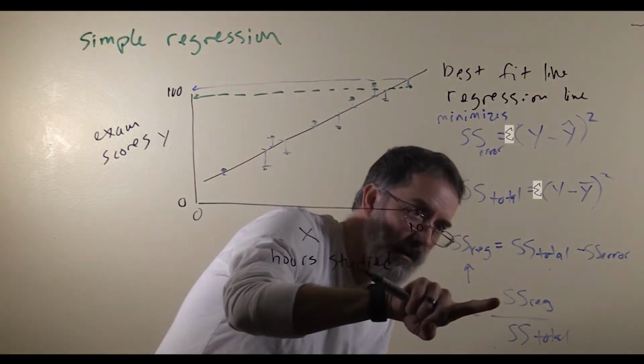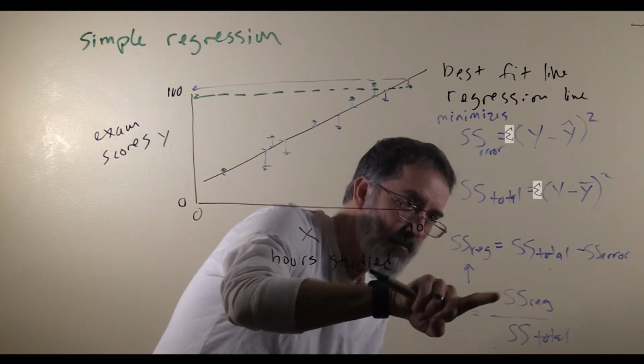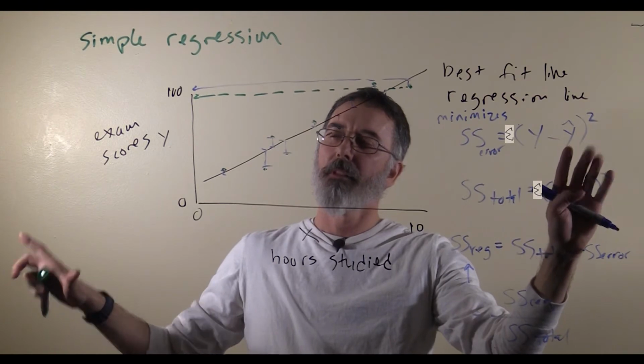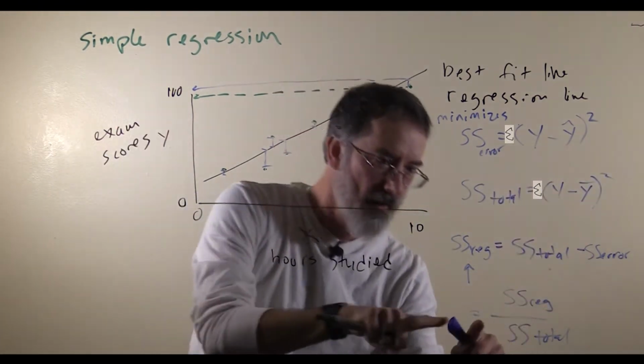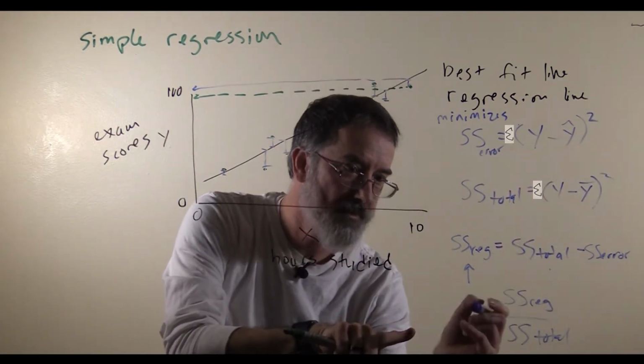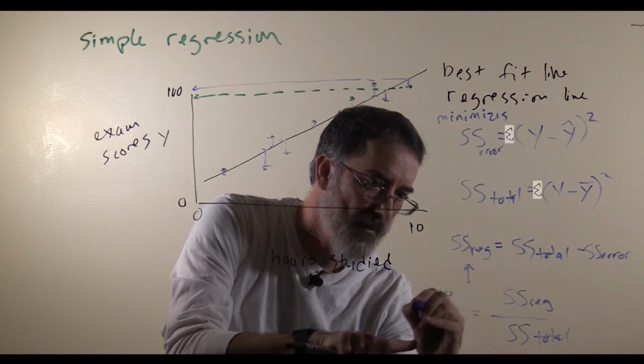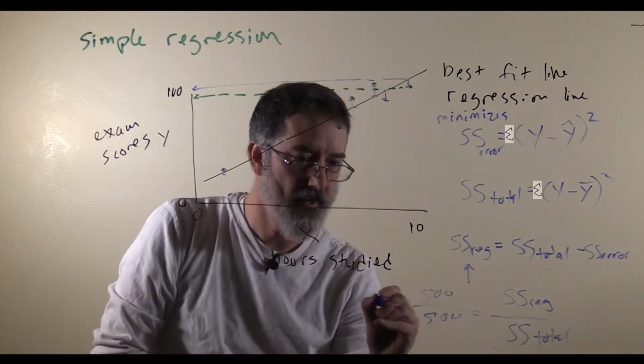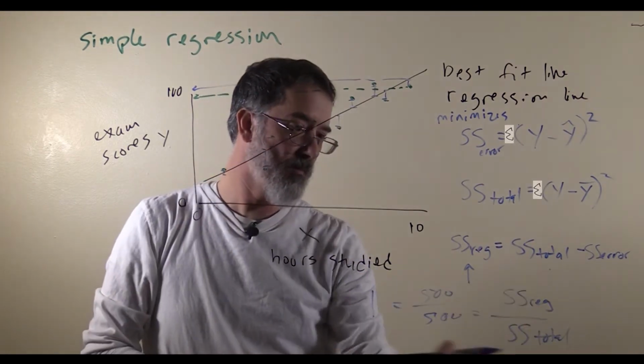And so if your regression explained all the variation in y, these would be the same. It'd be something, I don't know, we'll say 500 divided by 500. All of it's explained. In that case, you get a 1. A 1 is the maximum value.